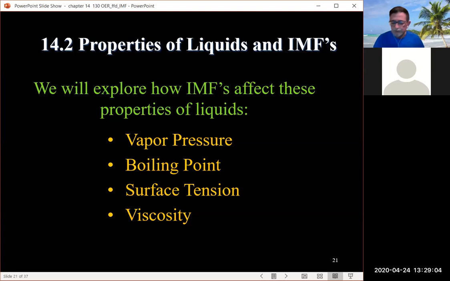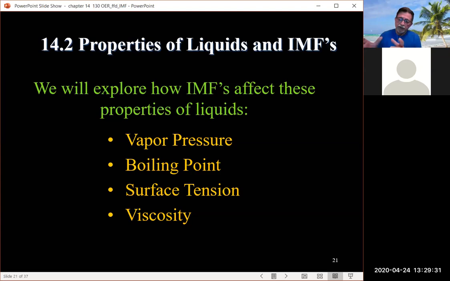And then finally, viscosity. And that's just a measure of how thick a liquid is, how it flows. And I use the example of honey and water, okay? It's the race. Flip the cup over. Obviously, honey doesn't flow as quick as water does, because the intermolecular forces of the honey molecules are much stronger than the water.